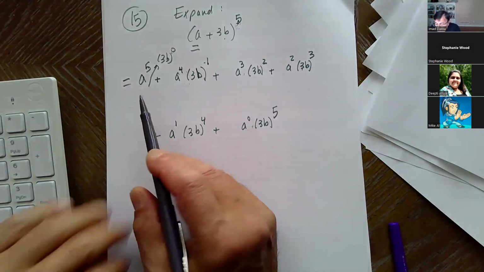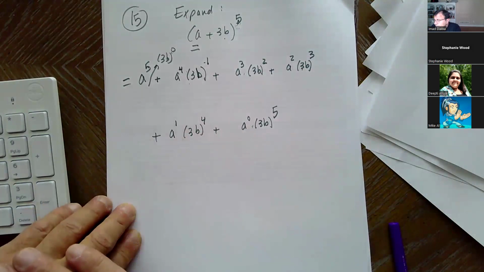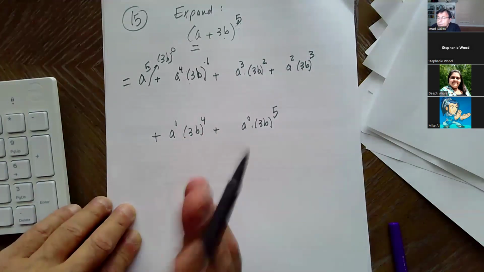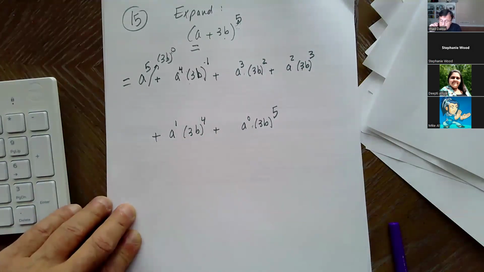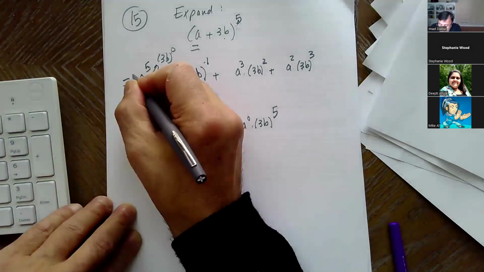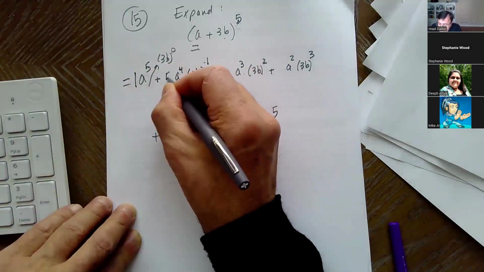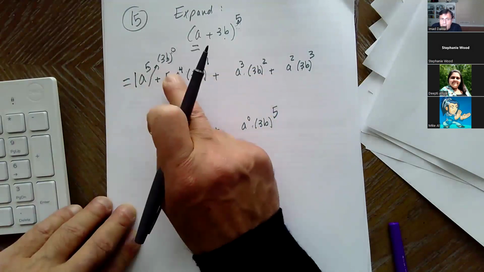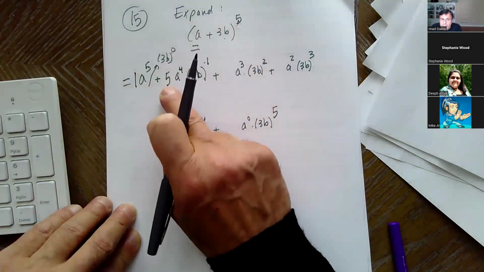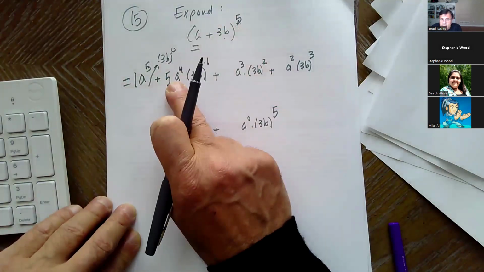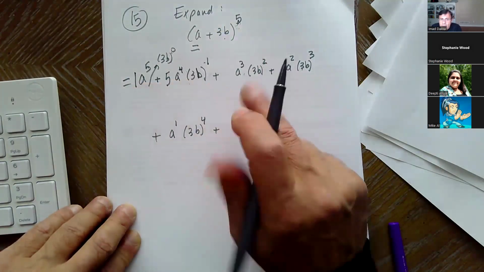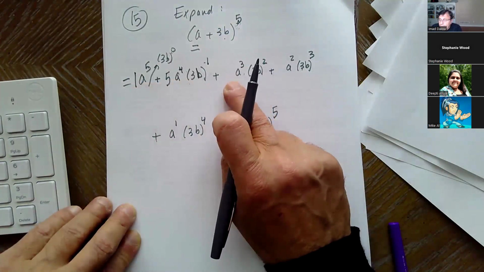Now, how do you get the coefficients? If you don't want to use combinations, this is what you do. You put a 1, that's always a 1, and then always an n. N is 5, so you're going to put a 5. If it was 6, you put a 6. And then to get the next one, look what you do.